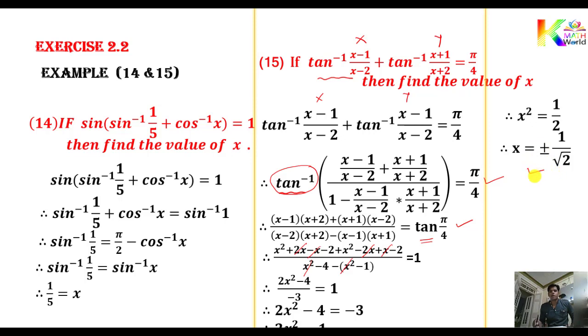That will be your answer as per your new syllabus. Otherwise, you would need to replace this value here and verify which value gives you the answer pi by 4. That is not given in your new syllabus, so we will not discuss that.